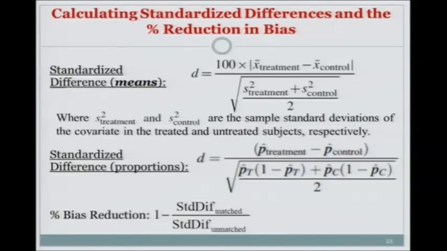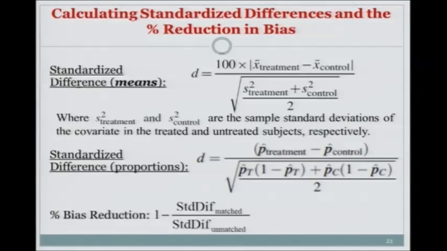If you are doing proportions, which we more often are, like the percent African American in your program group and your comparison group, here's the equation for proportions. Pretty straightforward. If you put this into a formula in Excel, you can do it for all of your comparisons pretty quickly.